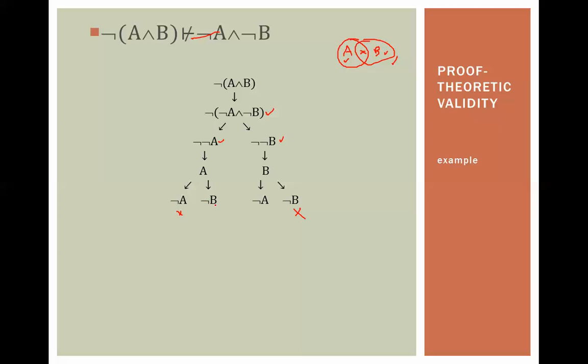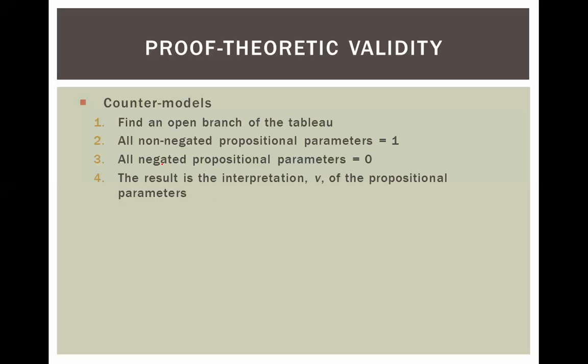This one I would give a 0 because it is negated. So all negated propositional parameters are 0. The result is the interpretation V of the propositional parameters, which is what we were doing before with semantic validity. I see a place where, if I assigned the propositional parameters this kind of truth value, then the conclusion can have a false truth value.